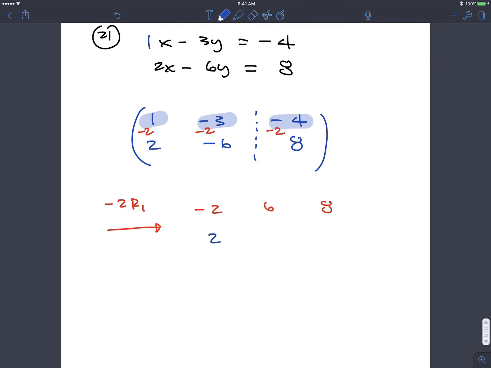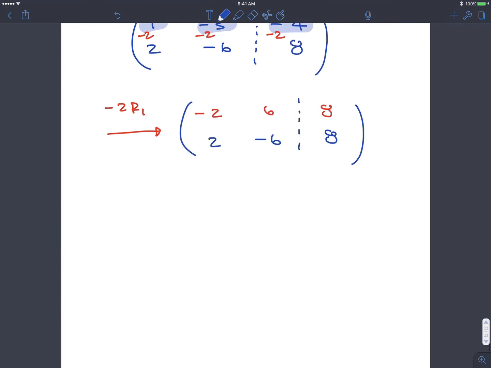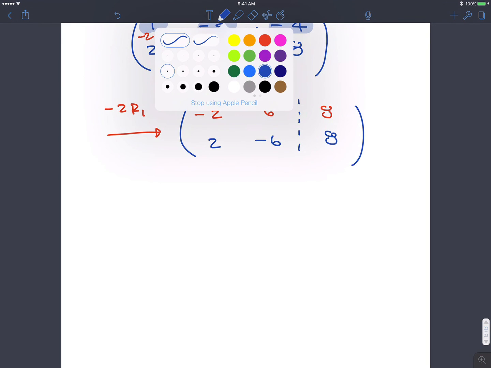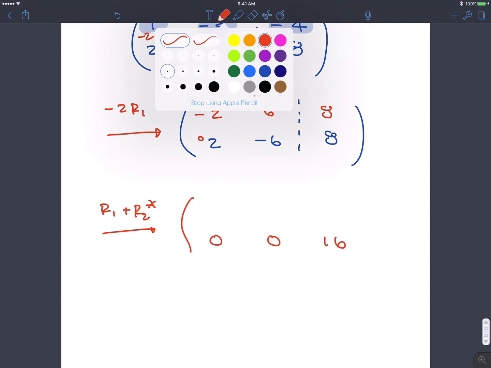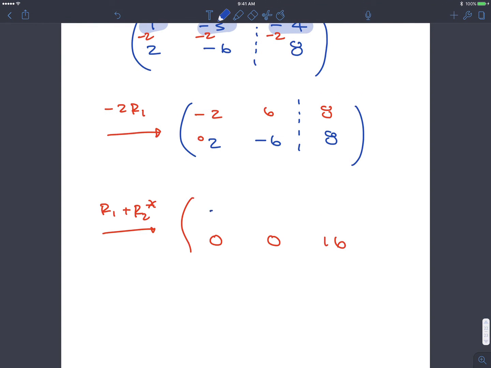Second row remains unchanged. So now, remember, we're trying to get a 0 in this entry. So row 1 added with row 2, we're going to change row 2. This gives us a 0, 0, 16. Row 1 stays the same.